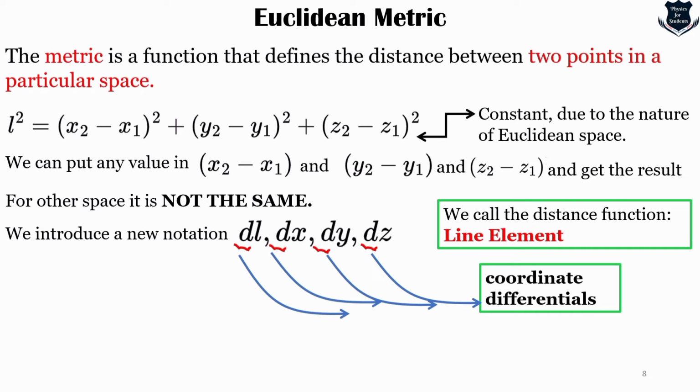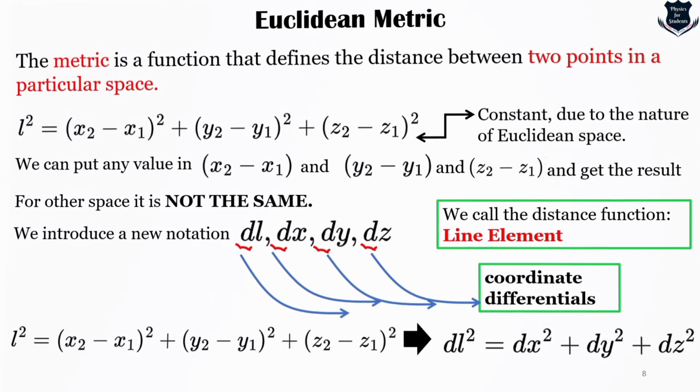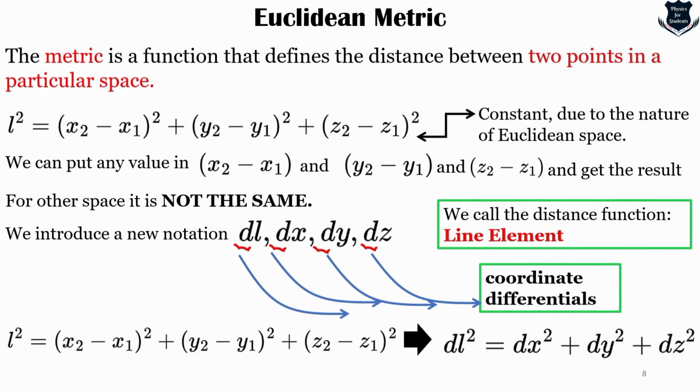So the Euclidean line element in Cartesian coordinates is represented like this, where dl, the length, equals dx squared plus dy squared plus dz squared, which is exactly the same as L squared equals x2 minus x1 squared, and so on, in Cartesian coordinates.